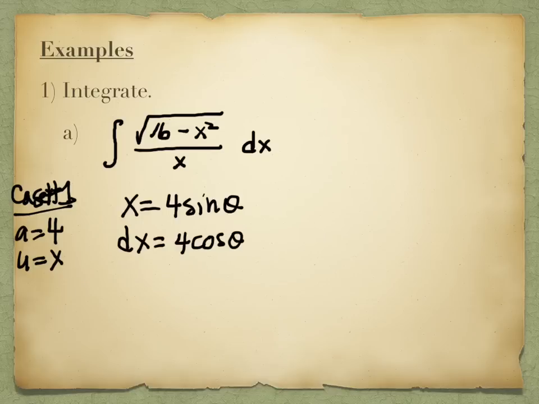And then the last piece of information that case 1 gave me is what the square root of 16 minus x squared would be if I made this u substitution. What did it say that the square root of 16 minus x squared would equal? 4 something.